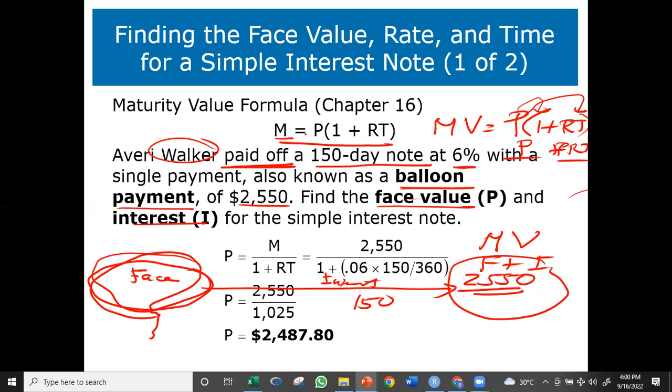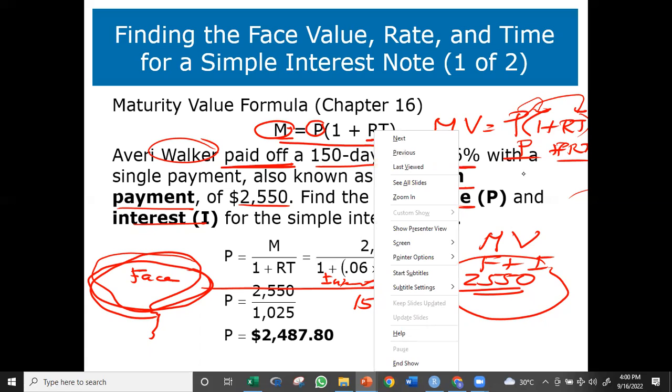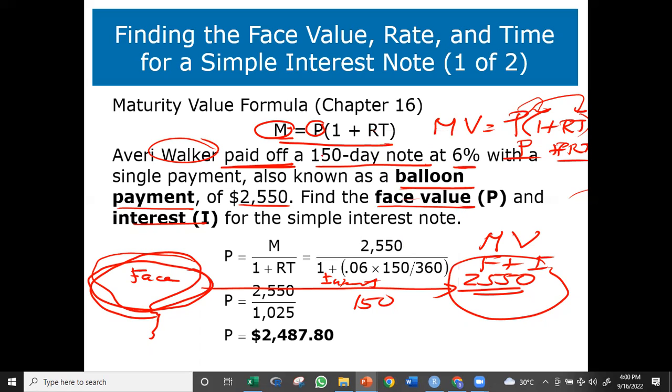Based on this one, the maturity value is equal to the principal times the factor 1 plus RT. We know the rate, which is 6%. We know also the time, which is 150 divided by 360. We know also the maturity value, 2550.